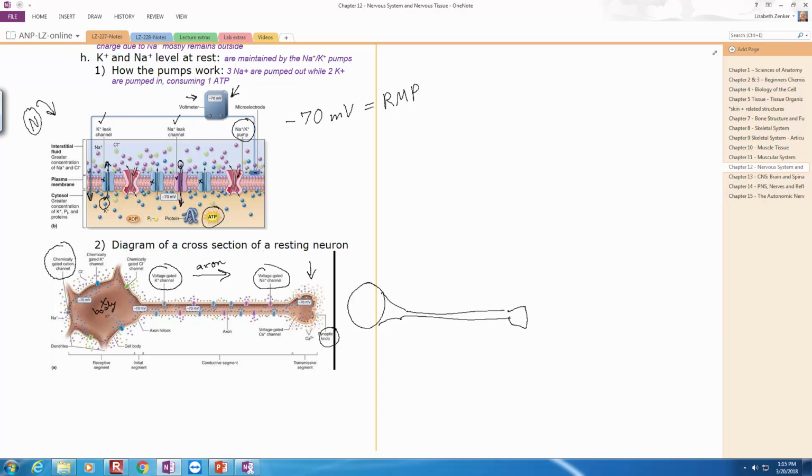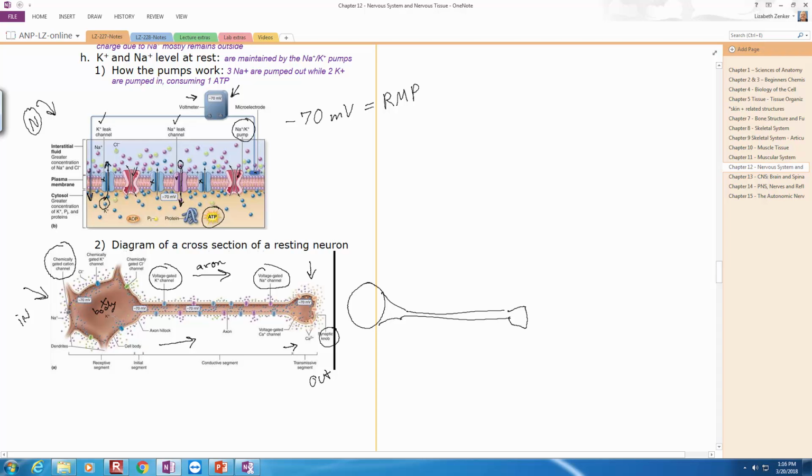Our receptive end, our sensory end, the side that is getting the information first, is the cell body end. It's going to send the information down along the axon to the axon terminal. So that's the output side. This is input, like reception, getting the info in, and this is the output side on that end.